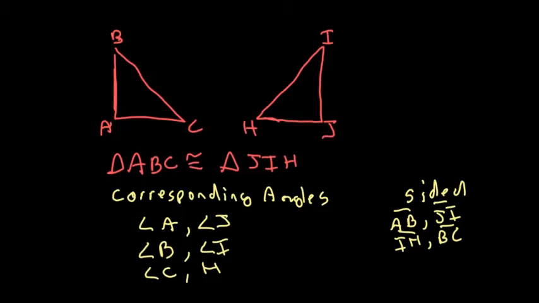And then CA corresponds to HJ. So on a triangle, you're going to have 6 corresponding things, 3 sides and 3 angles. If it was a quadrilateral, then you would have 4 angles and 4 sides that are corresponding.